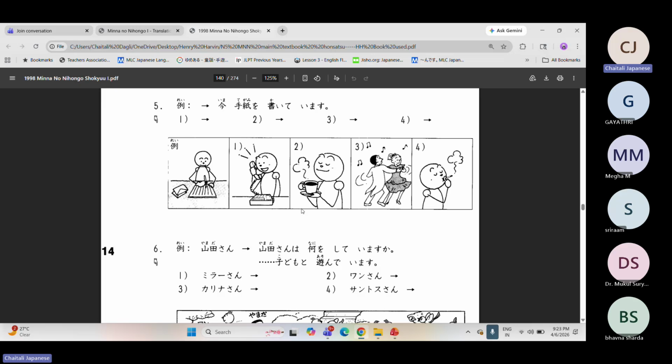Second, I'm drinking coffee or tea, whatever you want to say. So it will be ima kohi o nonde imasu. Nomimasu becomes nonde. Nonde imasu. Correct. Next.